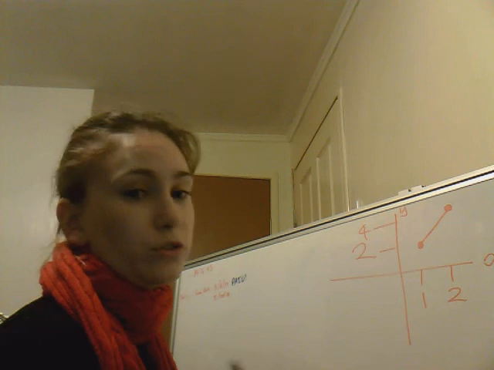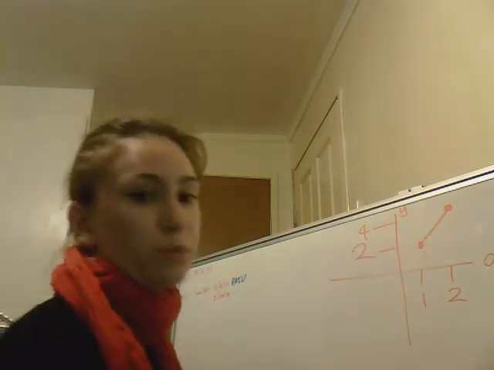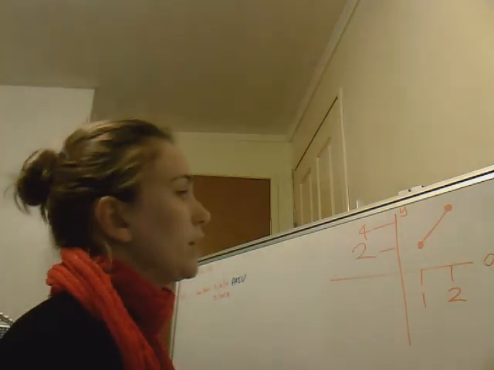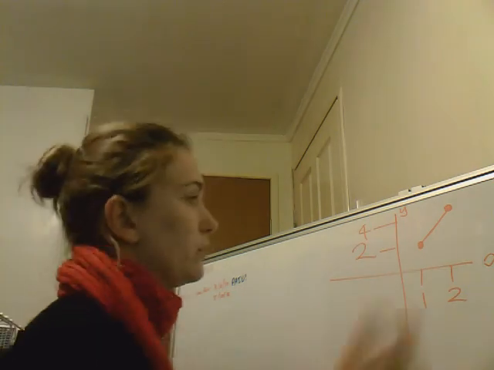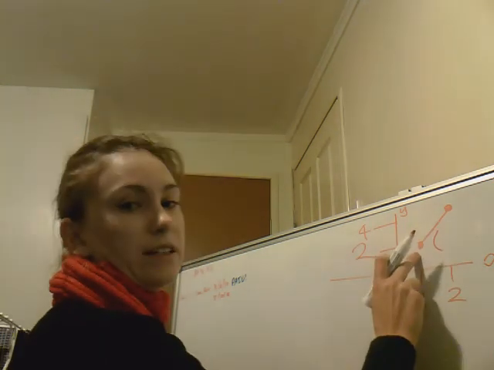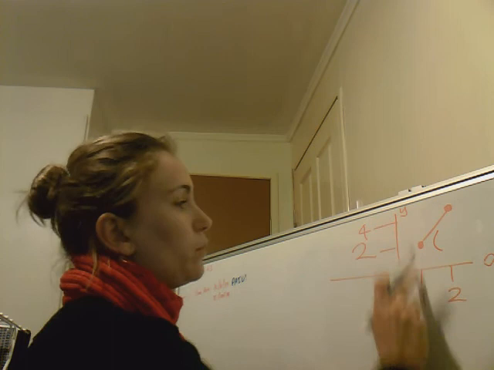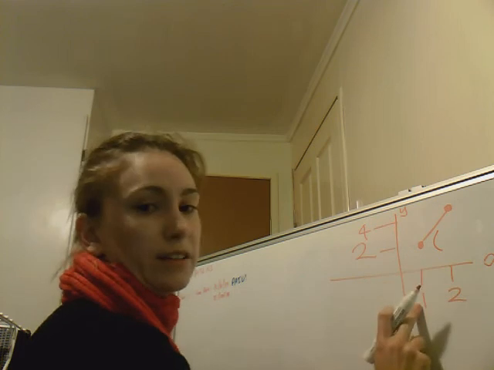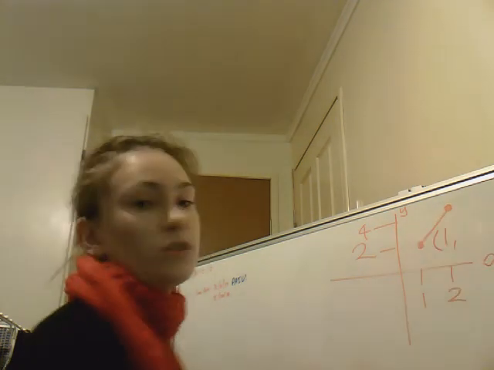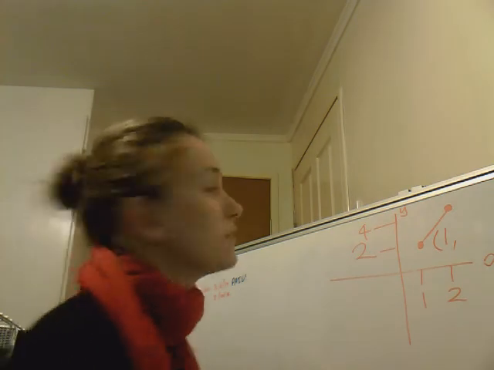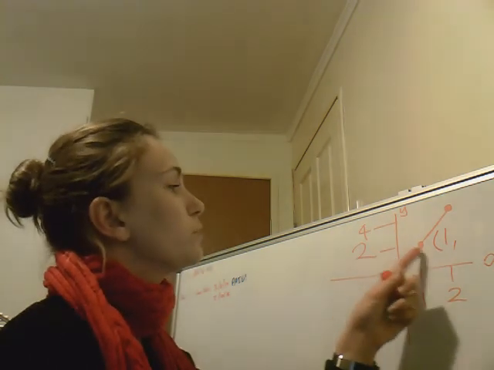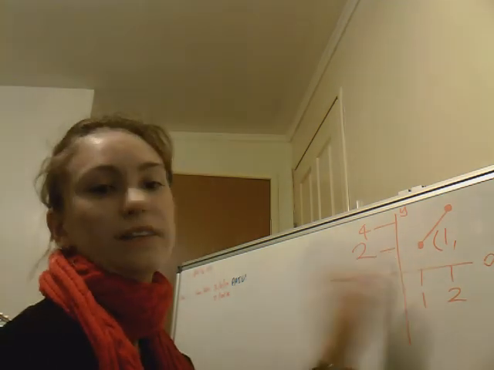What we should do first when we've picked 2 points on a graph is show their ordered pairs to make it easier on yourself. So what is this point here? Well, we know that x equals 1 here, so our x must go first in our ordered pair, whereas this point on the y is at 2.